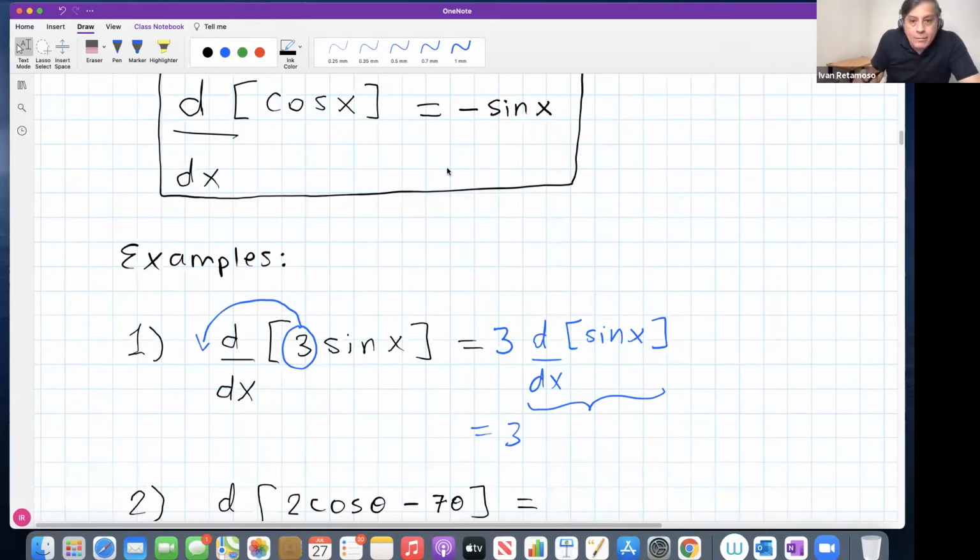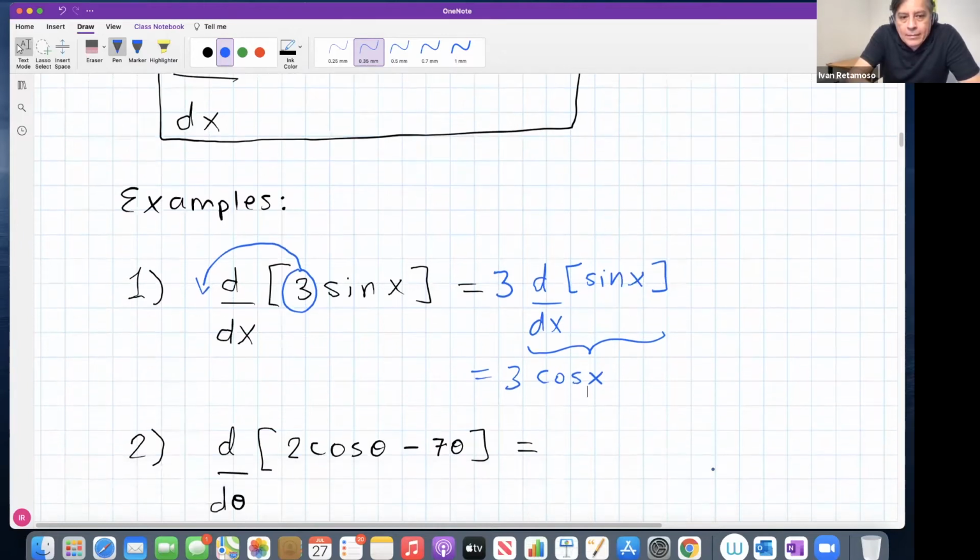If you walk away from this calculus course knowing that the derivative of sine equals cosine, and the derivative of cosine equals minus sine, it will be great, because you're going to use this a lot again in calculus 2, in calculus 3. All right, the derivative of sine is cosine. So I write cosine, and I'm done. 3 times cosine of x is the derivative of 3 sine of x. Very good. Here is another one.